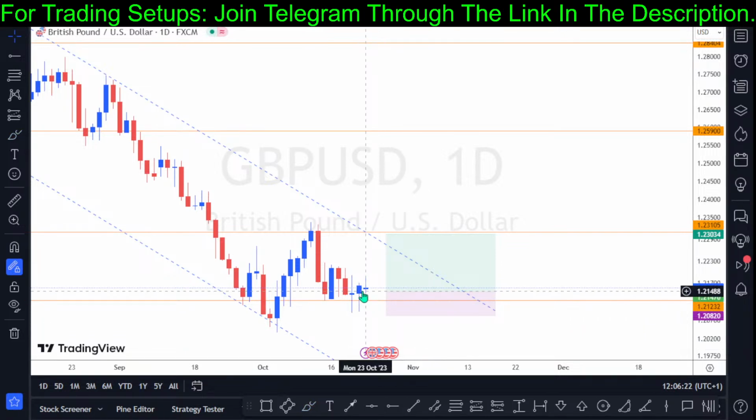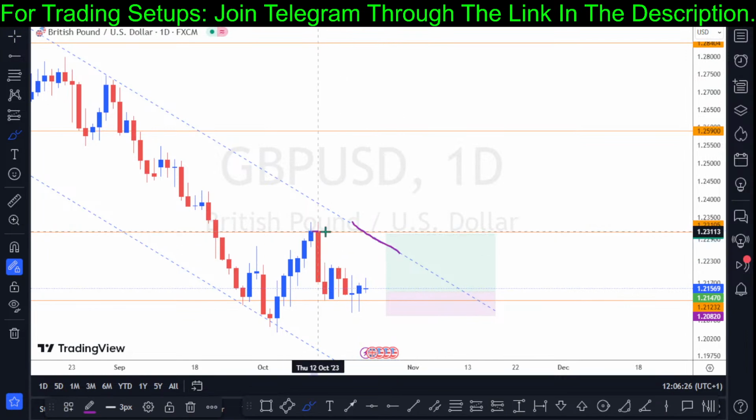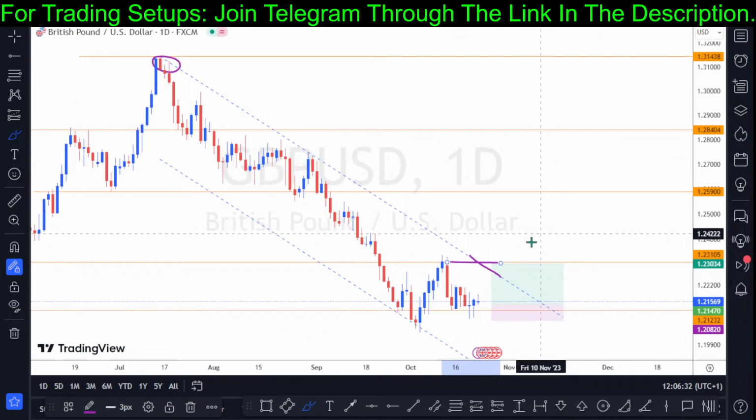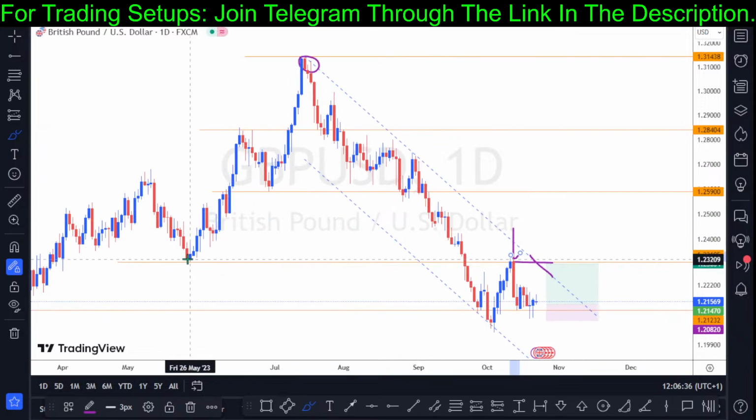I still want to figure out how price is going to react to this downtrend channel and the resistance structure, which acts at the price of 1.23105, which is the resistance structure right here, and then we had it as a support structure right here.